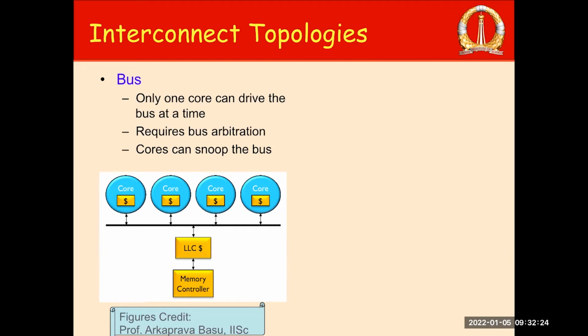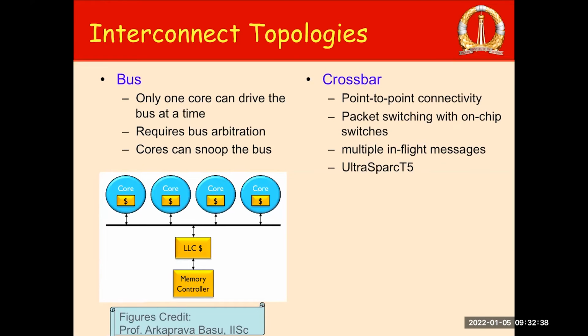The bus is also the simplest interconnect network that you can build, and the bus does not scale when you have a large number of cores. For example, if you have more than 8 cores, the bus interconnect network no longer scales. So one goes for a point-to-point kind of interconnect network, in which essentially packet switching happens.